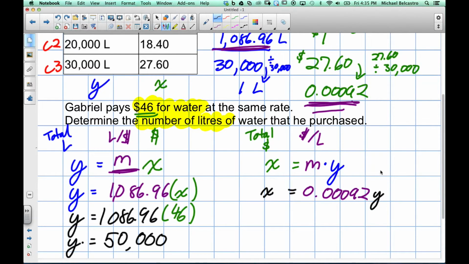Remember, y is our unknown. We don't actually know it, but we do know our total money. Gabriel spent $46, so we're going to replace this x with 46. So 46 is equal to 0.00092y. The goal is to isolate for y right now. y is our total liters, that's what we're trying to figure out.